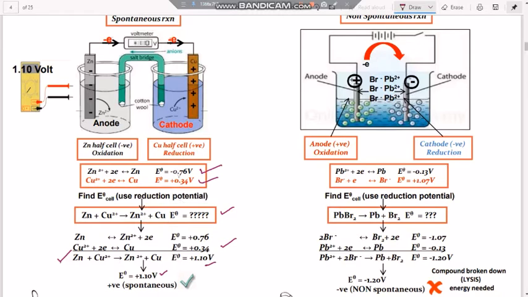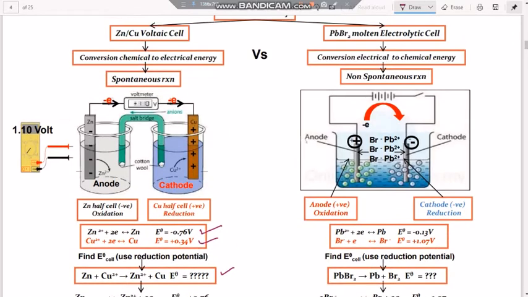That means if the reduction potential value is given as minus, when writing the oxidation potential value of the same half cell, it will become plus. That's why zinc is positive in the addition reaction. So the total value, 0.76 plus 0.34, gives 1.10 volts for this cell, that is the voltaic cell.